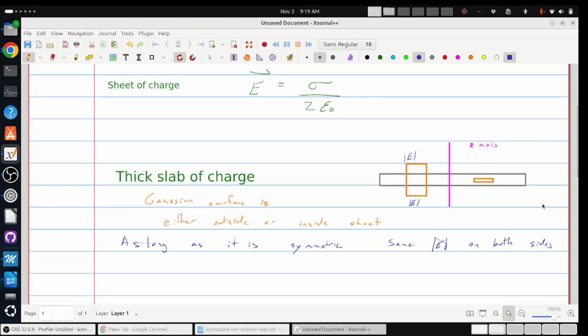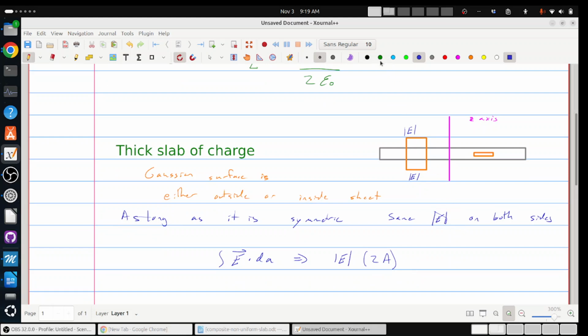And so we can change our integral of the E dot dA to become the magnitude of the electric field and 2 times the area of the Gaussian, 1 for the top and 1 for the bottom. And this is true whether we're on the inside or the outside, as long as we're symmetric in here.